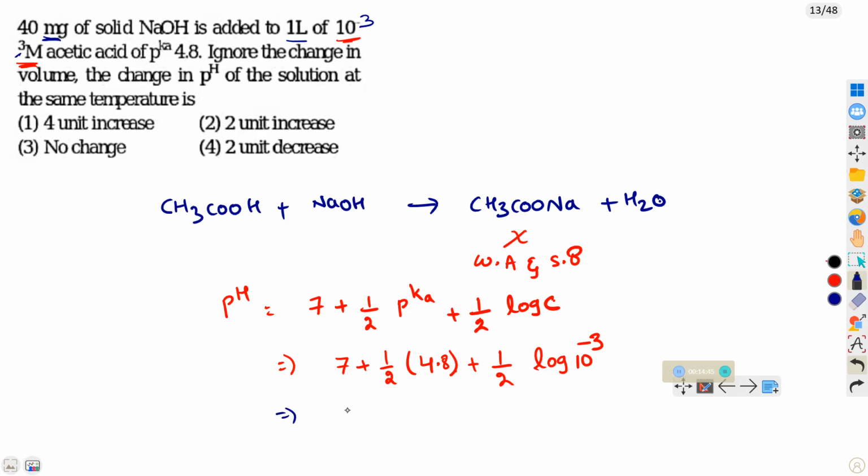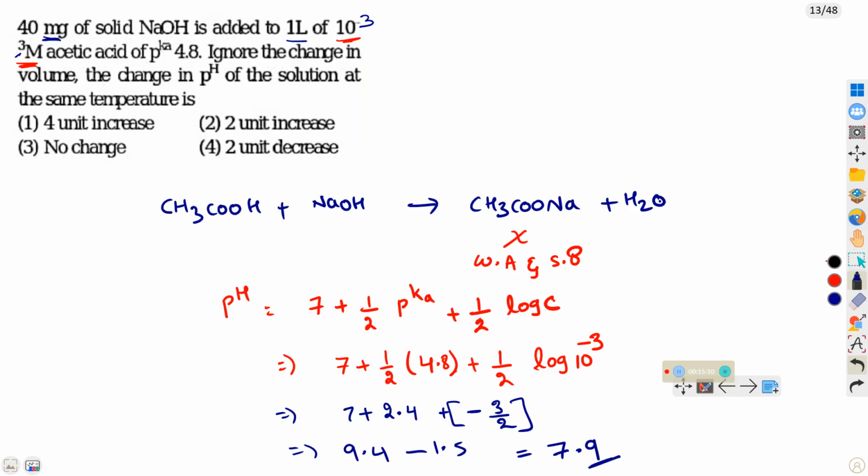Simplify. 7 plus 2.4 plus minus 3 by 2. Minus 3 by 2 value is 1.5. 9.4 minus 1.5 is equal to 7.9.